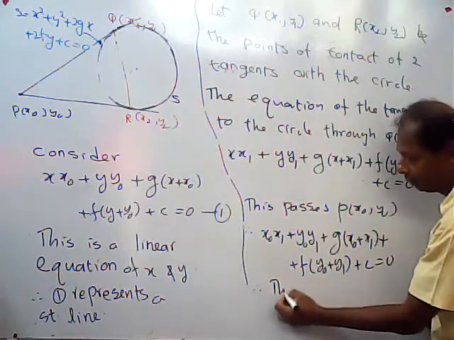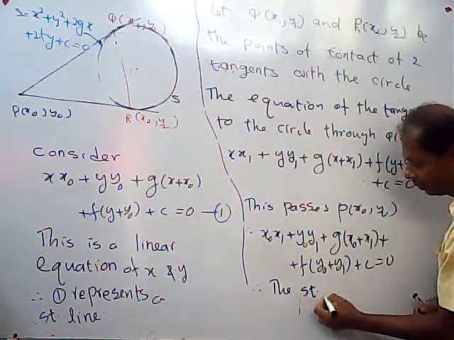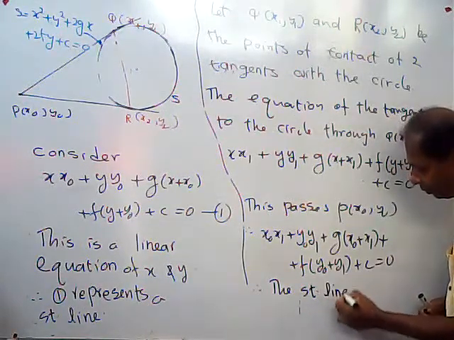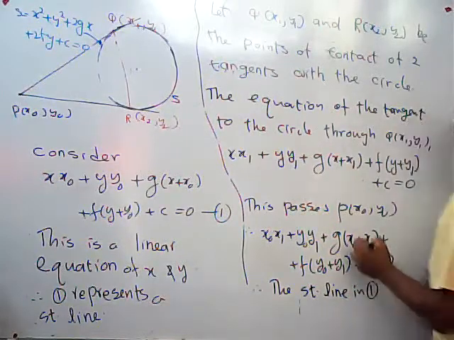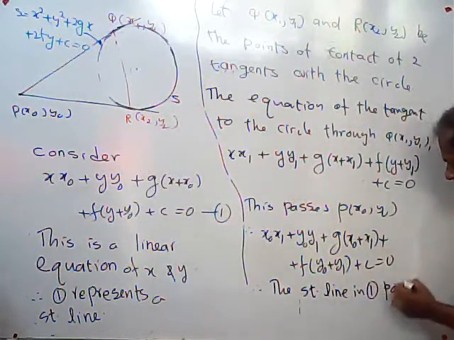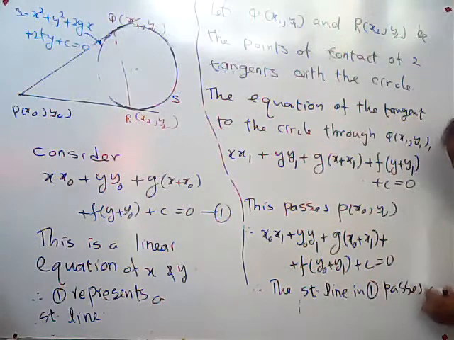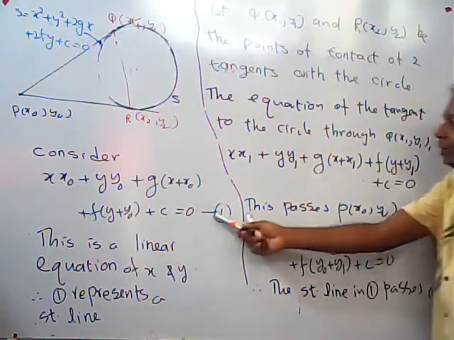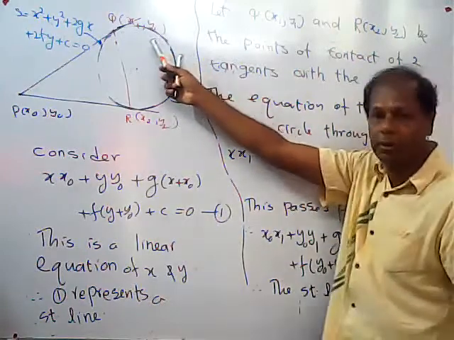Therefore, the straight line in 1 passes Q.